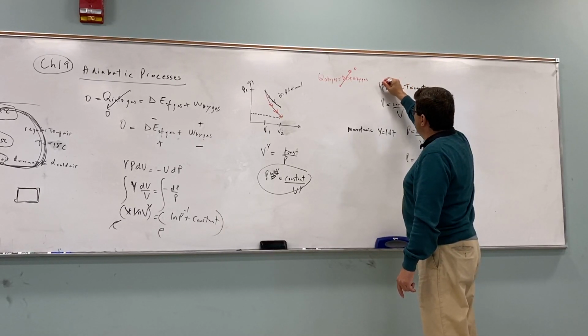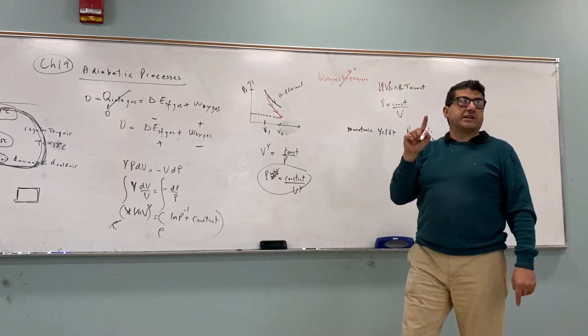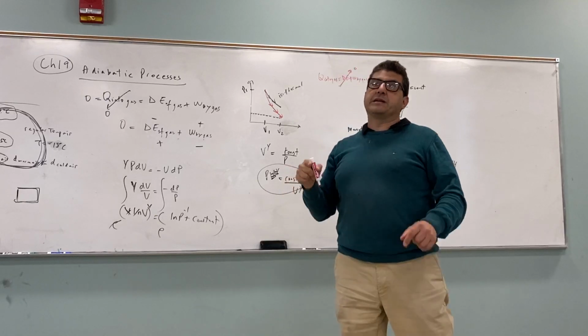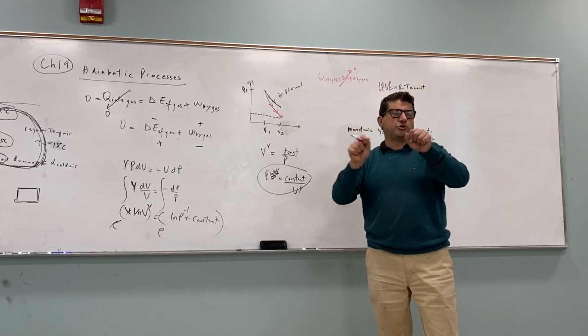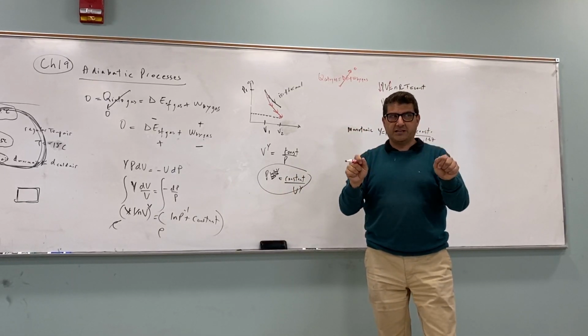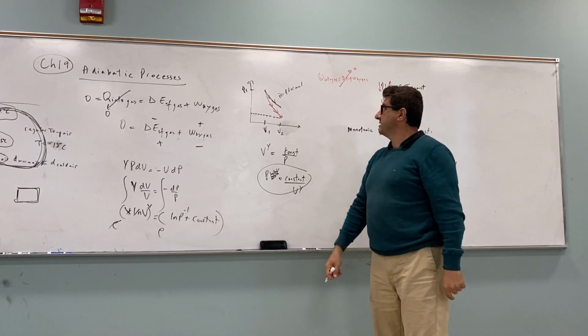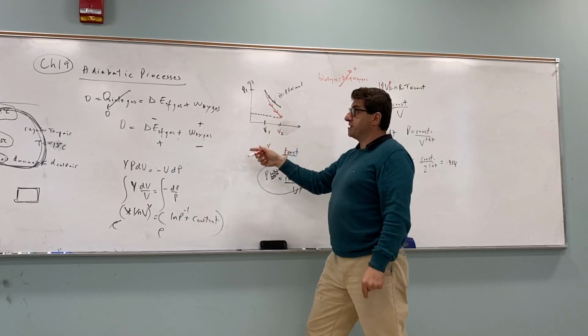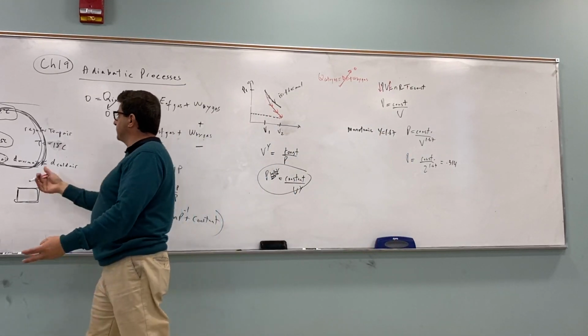So even though the pressure is dropping, it's not dropping as much as it should drop. You see? Because you're putting heat into the gas and the gas molecules are vibrating quicker.